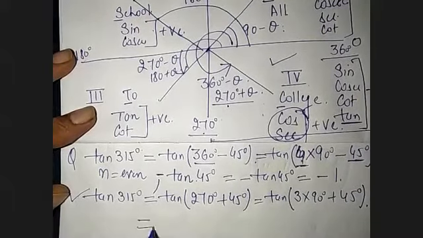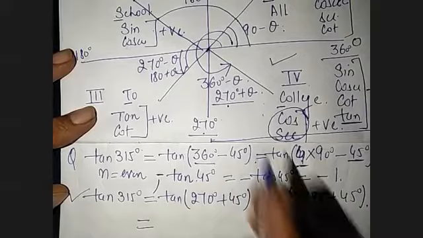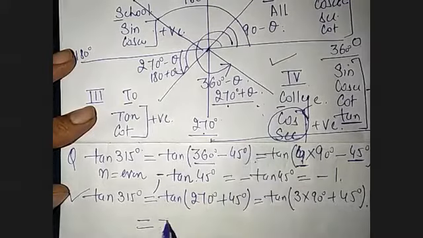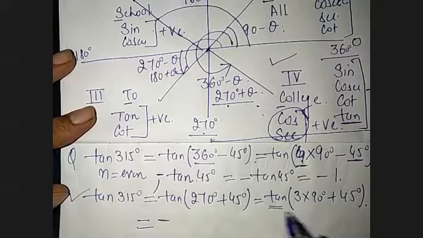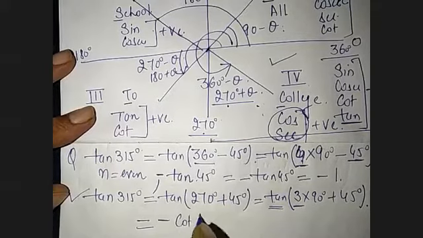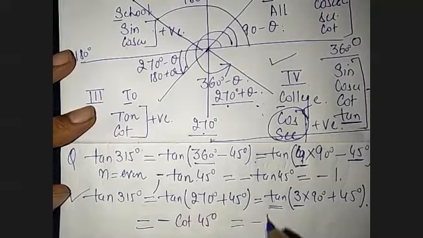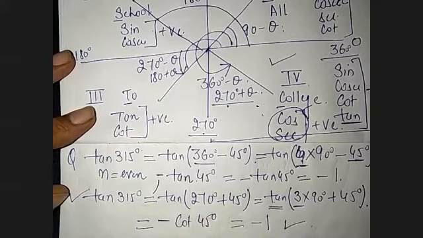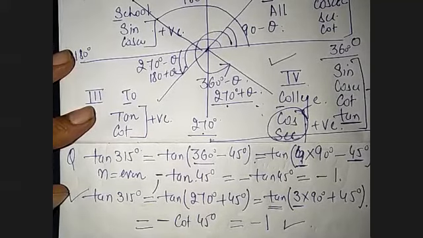Tan is in the fourth quadrant, where tan is negative. And it is an odd multiple, n is odd, so tan will shift to cot. What is the value of cot 45? 1. So we have minus 1. See now, students, the answer always comes the same.